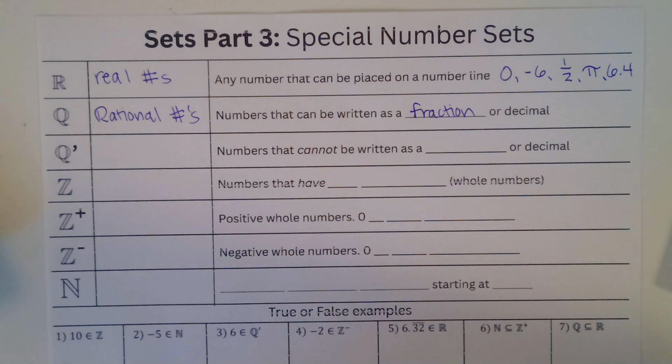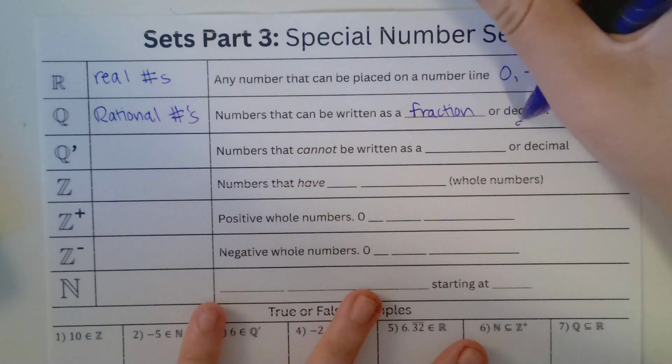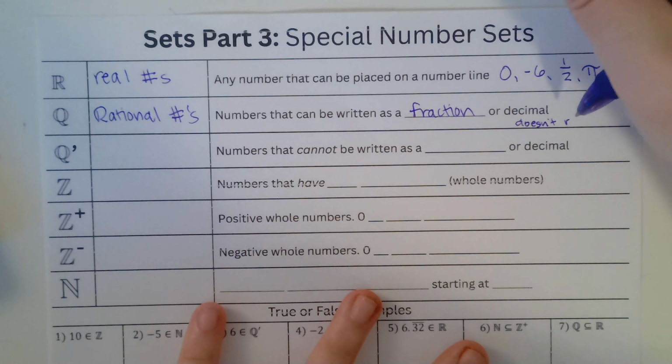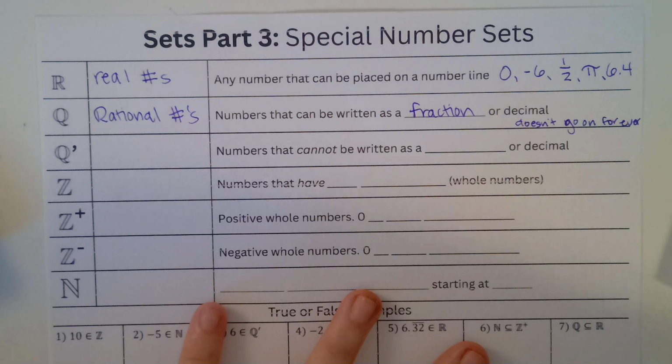Another way of thinking about this is a fraction or a decimal that doesn't repeat, or doesn't go on forever. So that has an ending point, basically.